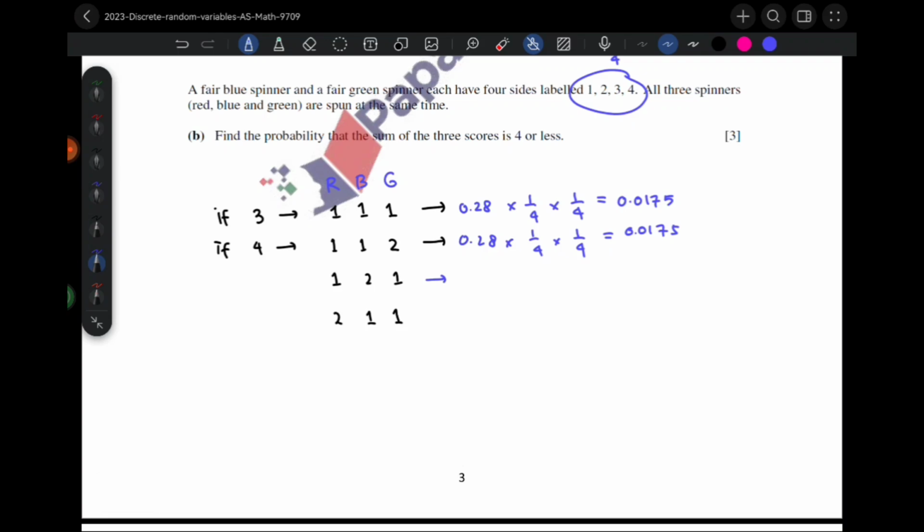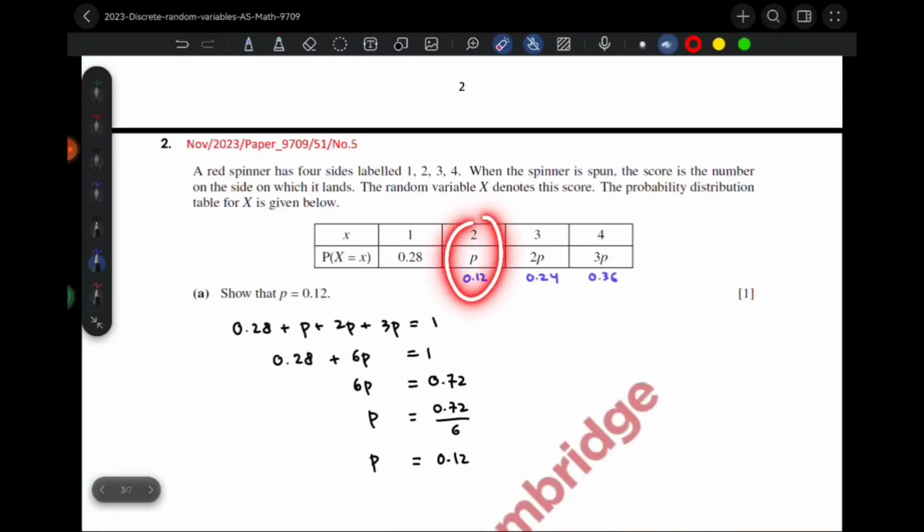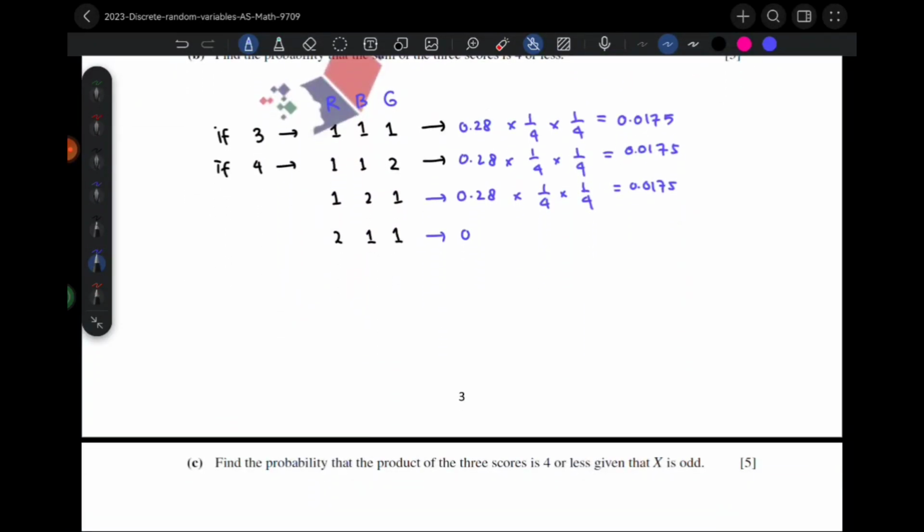And then 121 is also the same number, and for the last one, 211, the probability of getting 2 is 0.12. 0.12 times 1/4 times 1/4 is equal to 0.0075, and you add these together, so you must have 0.06. Okay, this is quite a good number.